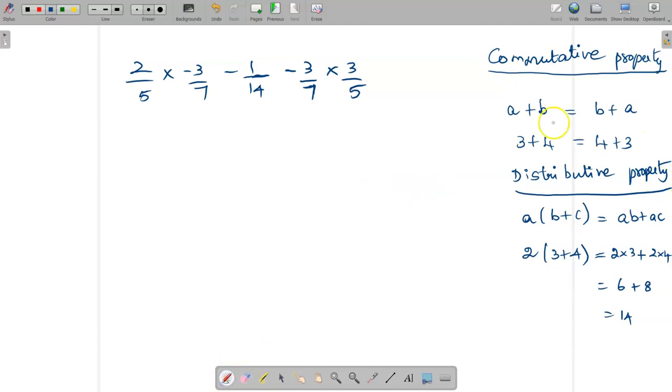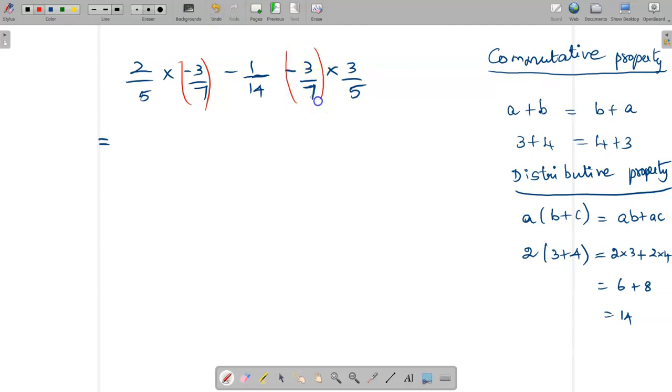Here it is numbers, here it is fractions, that is the only difference. So with this knowledge we can go into the problem. When we see these two terms, commonly here we have −3/7, and here also I have −3/7.